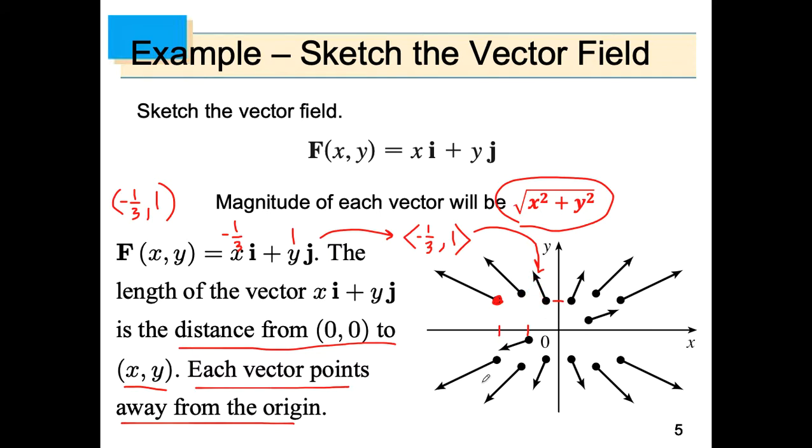Now I invite you to try to sketch some more vectors yourself. I'll go ahead and sketch one more vector for you, a random vector. So I'll pick a random point and go from there.